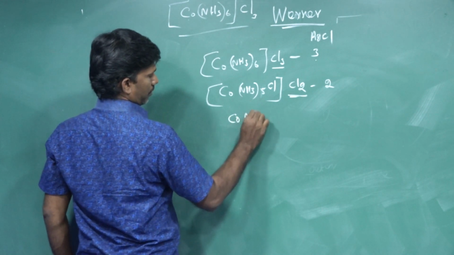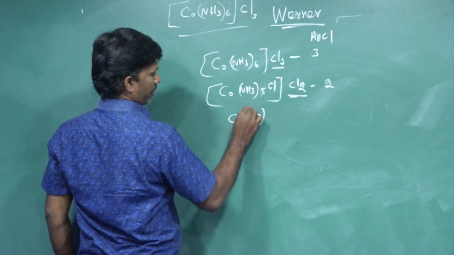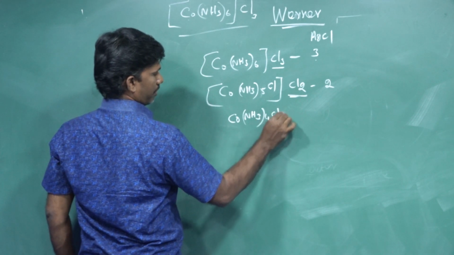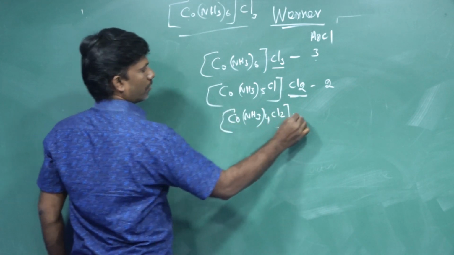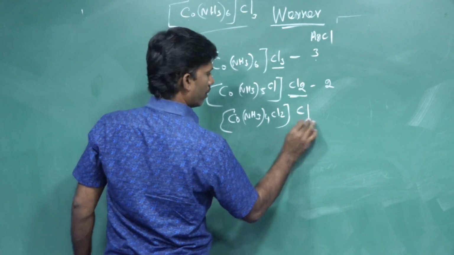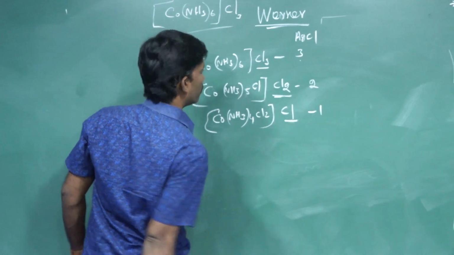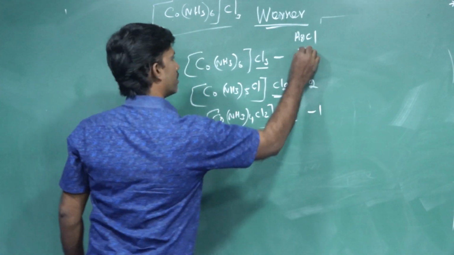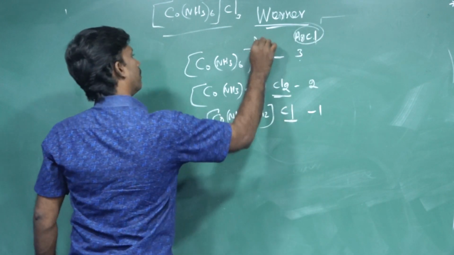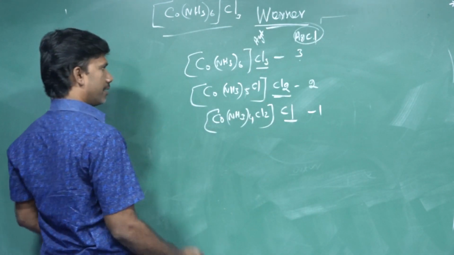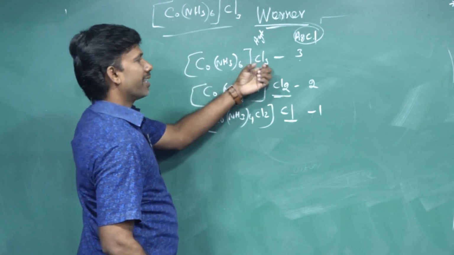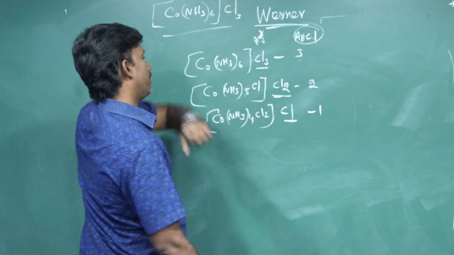Then Co(NH3)4Cl2, you are getting Cl. Here only one ionizable species, so you will get 1 mole of AgCl. Here, if you add Ag plus ion, however many replaceable Cl are there, that much AgCl will be formed.